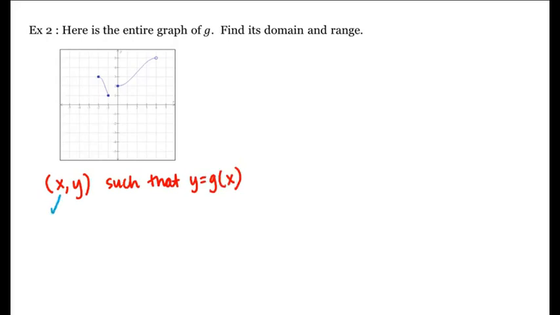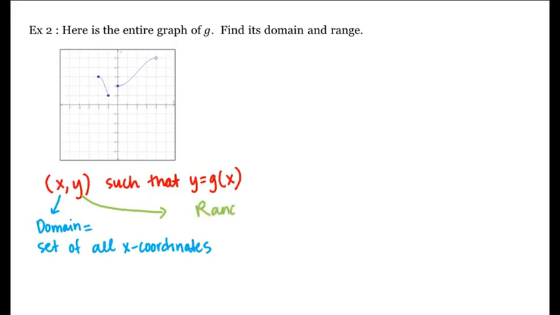And again, the domain is the set of all possible x-coordinates of points on the graph. And the range is the set of all y-coordinates of points on the graph.